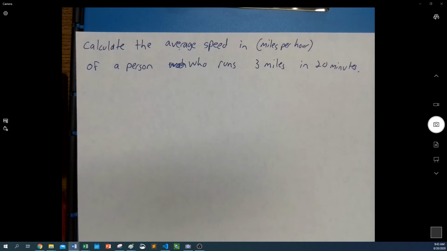To calculate the average speed in miles per hour of a person who runs 3 miles in 20 minutes.